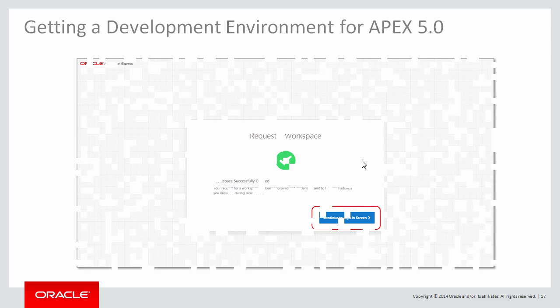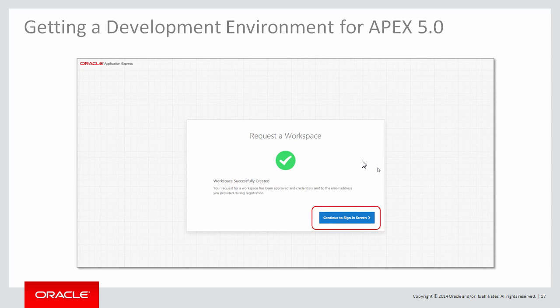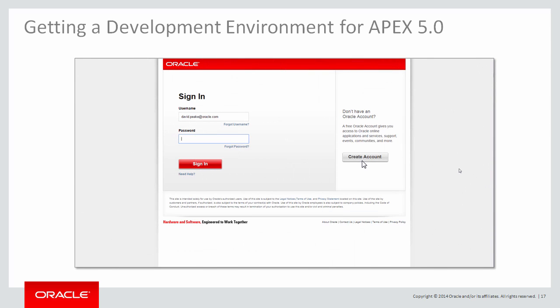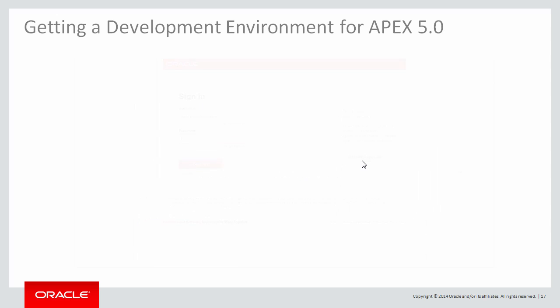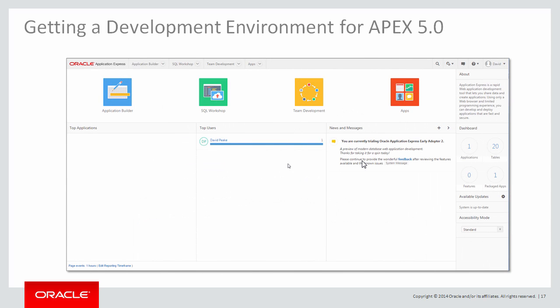Once that's completed, you can simply click on the Continue to Sign In screen, and you will need to provide your Oracle single sign-on username and password. And then at this stage you'll have a development environment running on Application Express 5.0 early adopter, and you can start developing applications.